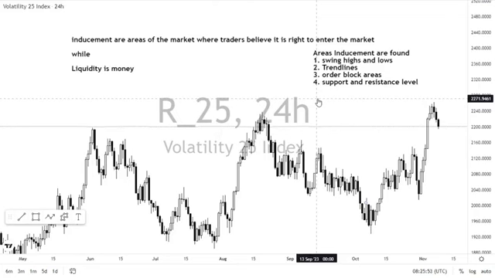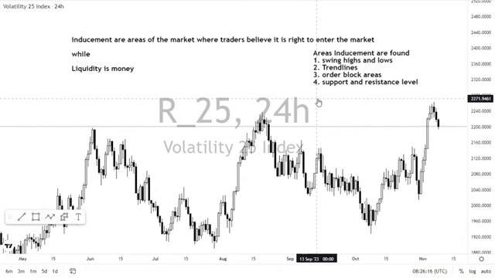Also, the market is always seeking areas of inducement daily. The market is always looking at areas where it can induce traders out of the market and still move in their direction, just to frustrate traders. That's what this inducement does. It is just to frustrate traders.